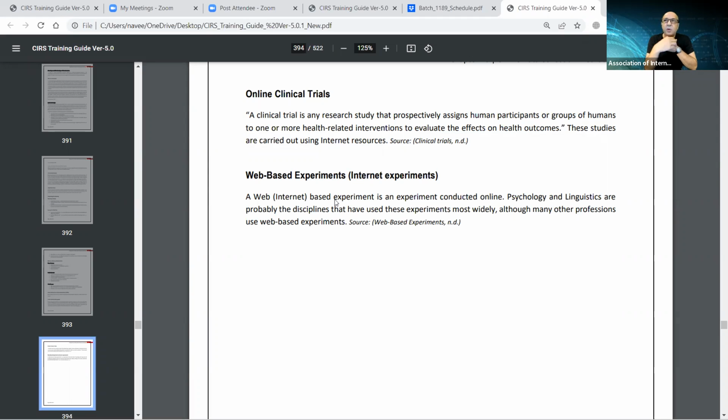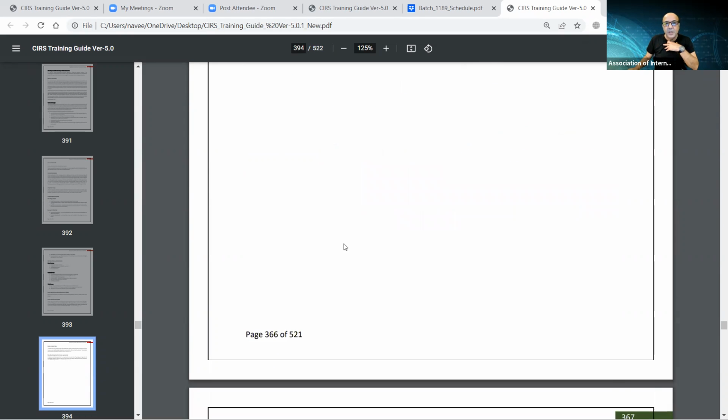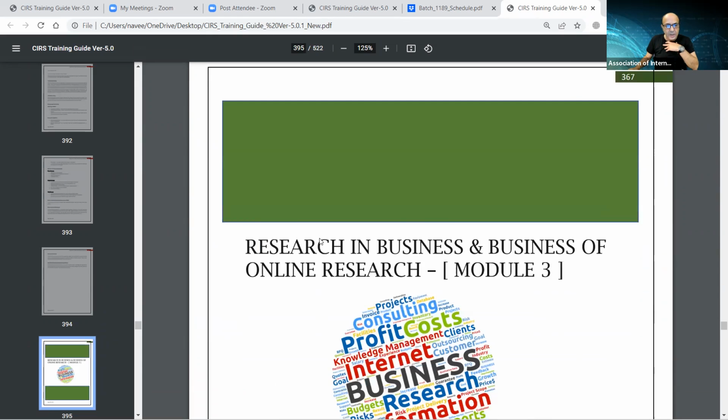Mostly these subjects are more sensitive and more biased for the reason of the kind of lobbies that exist. Could be religion based, it could be ethnicity based, and so on. So those are web based experiments or social experiments.